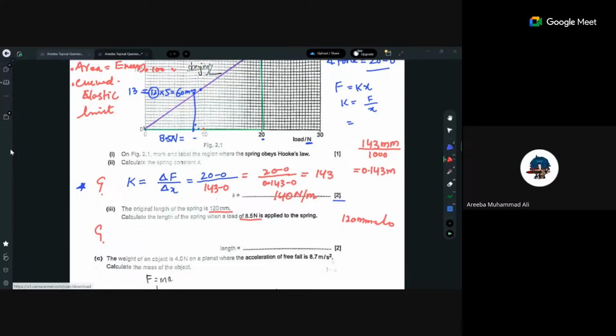7.5. 1, 2, 3. 8. 8.5 should be one square ahead. वन स्क्वायर बिफोर 10? No, no, it should be 2 squares before 10.